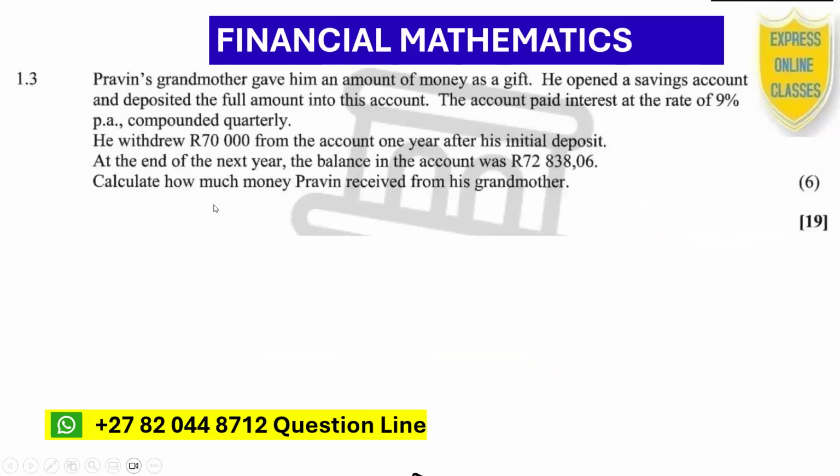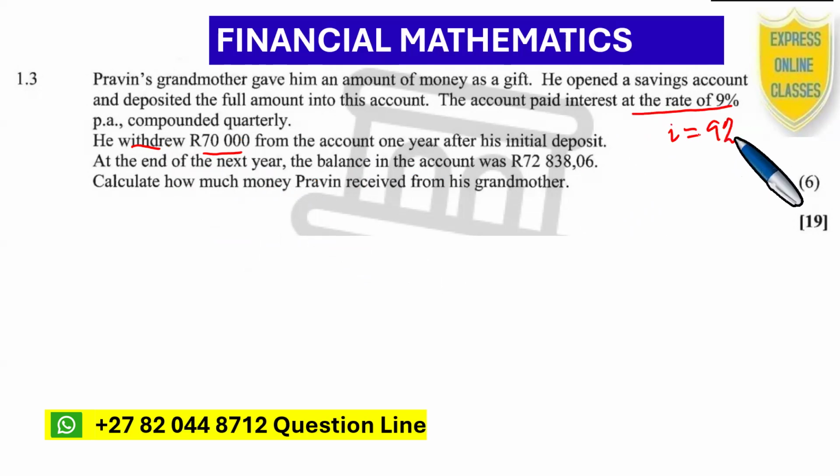Previn's grandmother gave him an amount of money as a gift. He opened a savings account and deposited the full amount into his account. The amount paid interest at the rate of 9% per annum compounded quarterly.